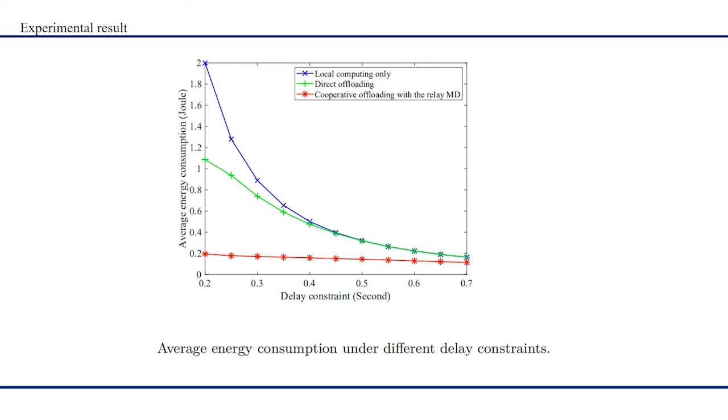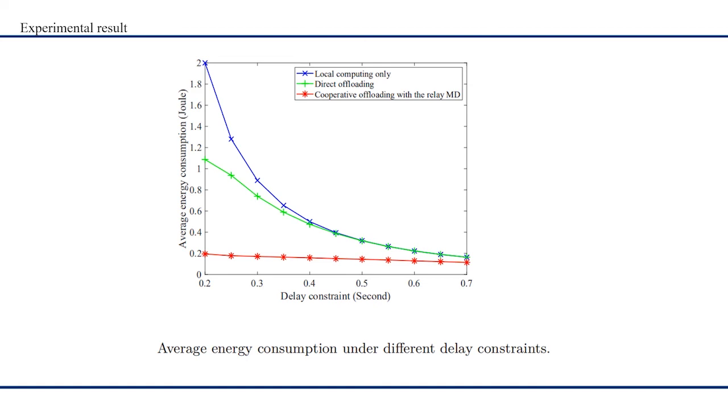This picture shows the relationship between the average minimum energy and the delay constraint when the application task L equals 0.02 Mbits. The experimental results show that the energy consumption decreases with the increase of the delay constraint, which means the shorter the delay constraint, the greater the energy consumed by the computation task.